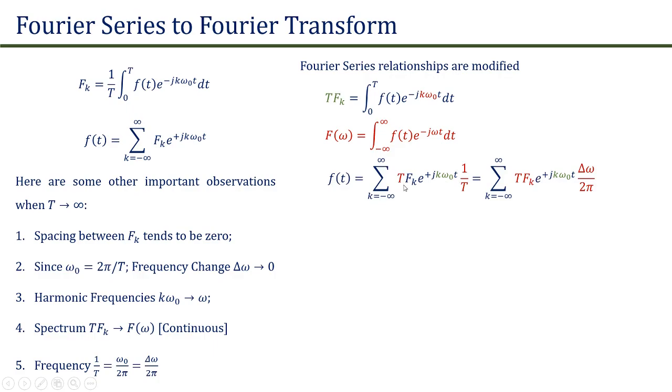Now, in the right hand side, if we replace T·F_k with F(ω) and 1/T with Δω/2π, we can modify this relationship by replacing summation with integral as f(t) = 1/2π integral from minus infinity to plus infinity of F(ω) e^(jωt) dω. Here, F(ω) is called the Fourier transform of the signal f(t) and f(t) is called the inverse Fourier transform of F(ω), which is written as Fourier transform pair f(t) ↔ F(ω).